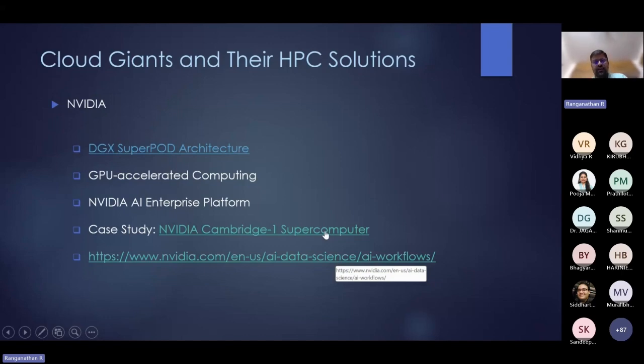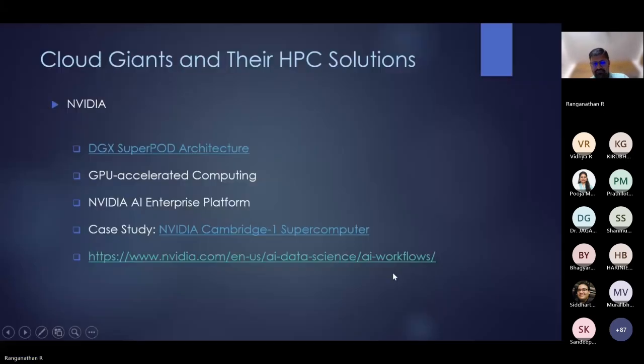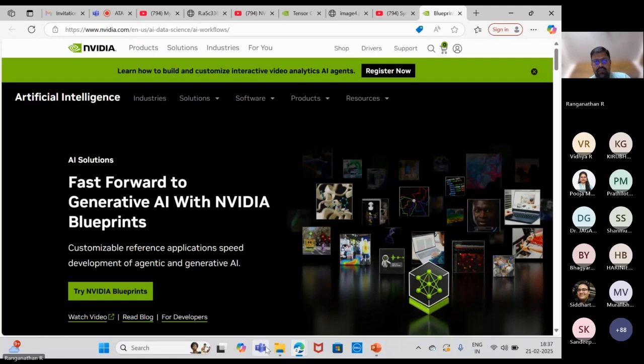So let's first look at this. I will select the other one as well so that it becomes easier. Yeah, so let me go back here.